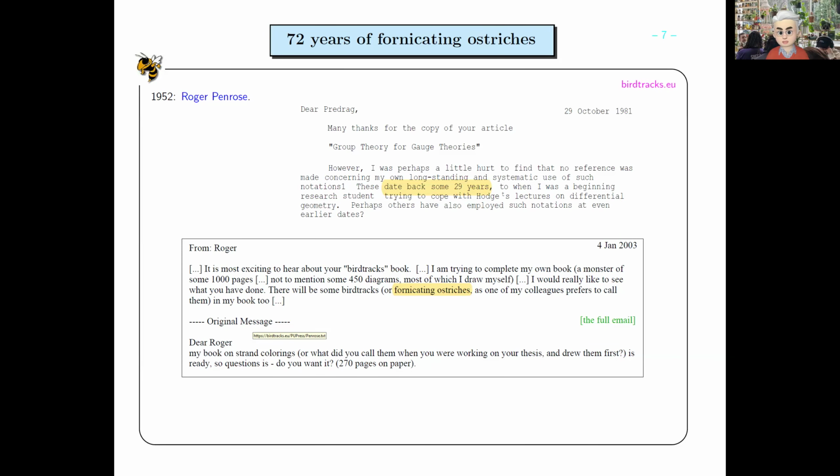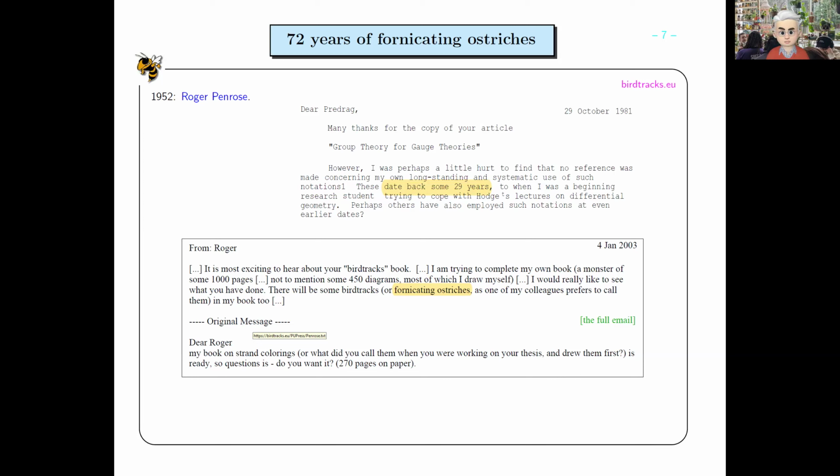Now, after a while, I published a paper on this, a few years after I learned the starting thing from Gerard 't Hooft. And I discovered by looking at the literature that Roger Penrose had similar drawings in his publications.